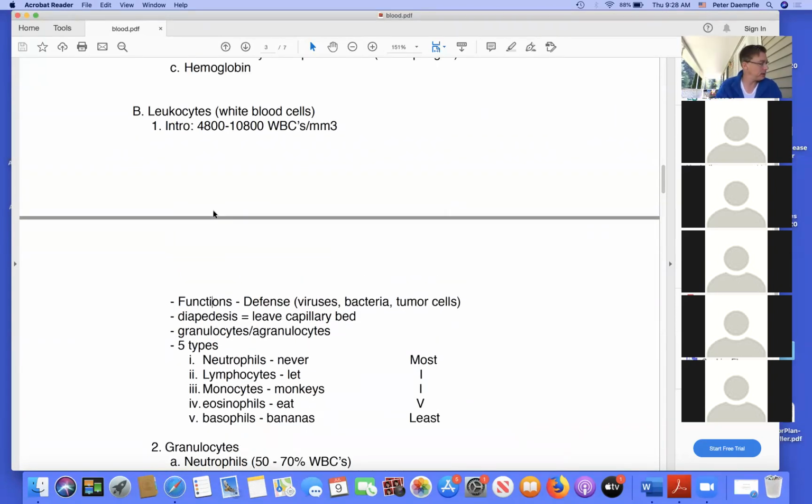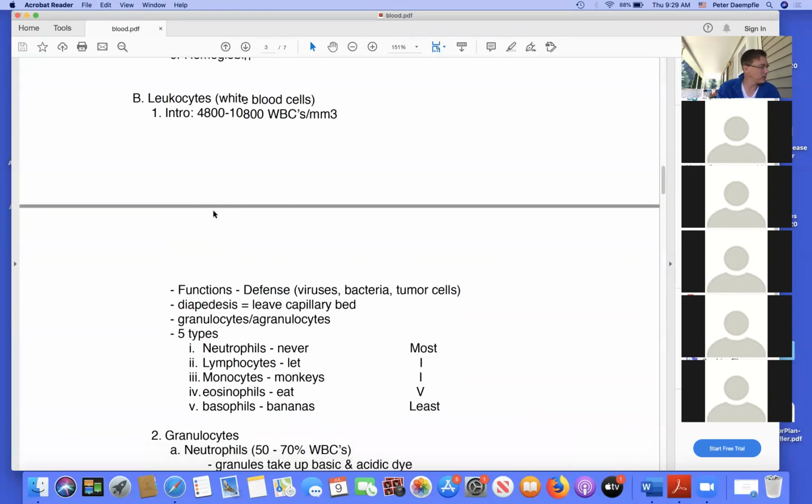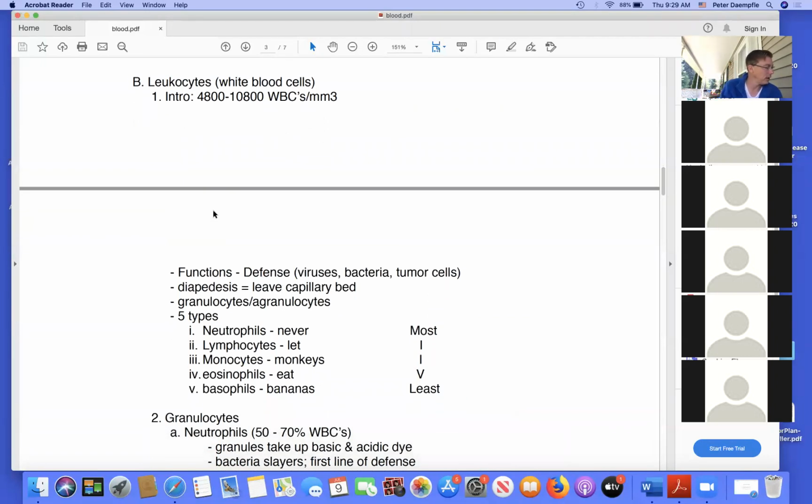So, okay, let's talk about the white blood cells. I want you to go to page 474, figure 13.4 has a picture of all of the white blood cells. And we group the white blood cells into the granulocytes and the agranulocytes, okay? The granulocytes are those that have little granules. And if you look closely at the picture, basophils, eosinophils, and neutrophils have granules.